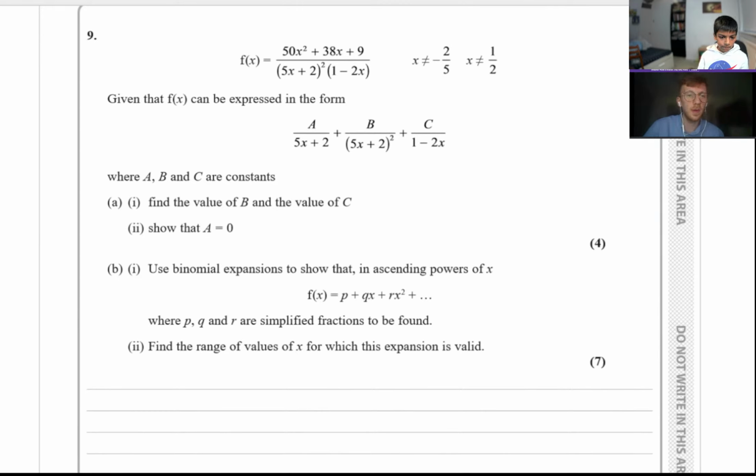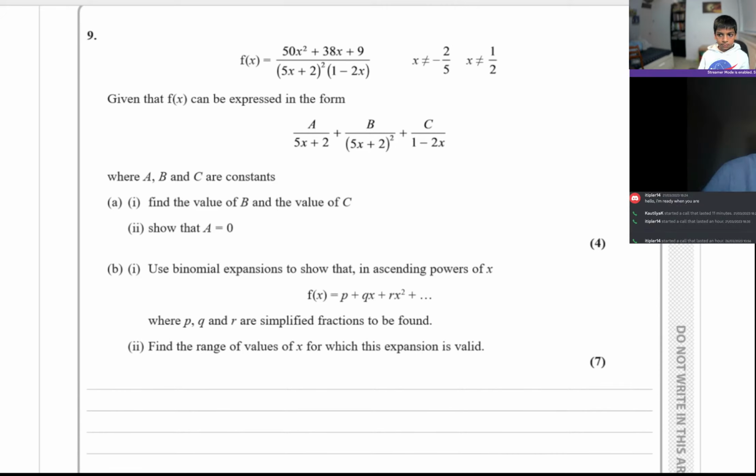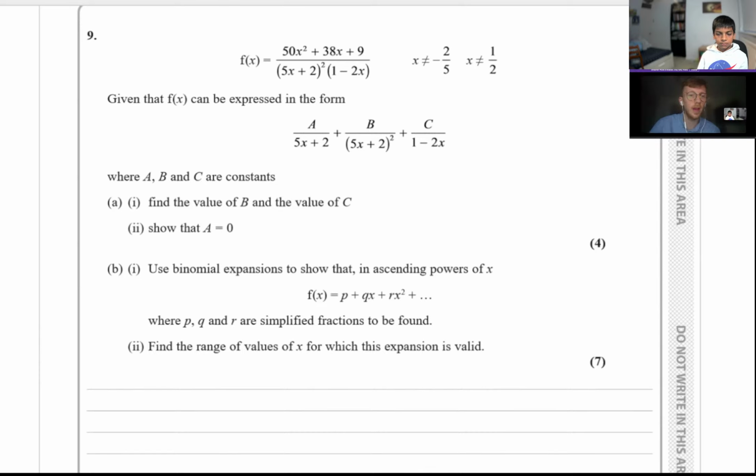Given that f of x can be expressed in the form a over 5x plus 2 plus b over (5x plus 2) squared plus c over 1 minus 2x, where a, b and c are constants, find the value of b and the value of c and show that a equals 0. So what you can do is it's just partial fractions.